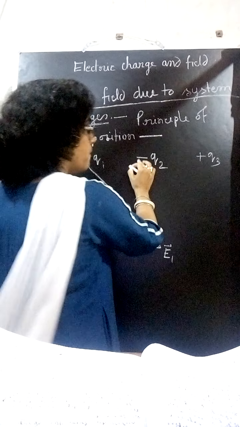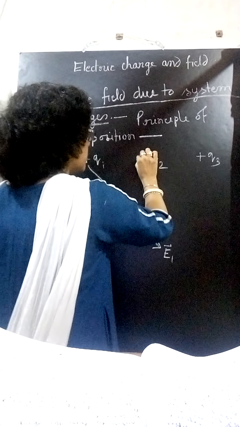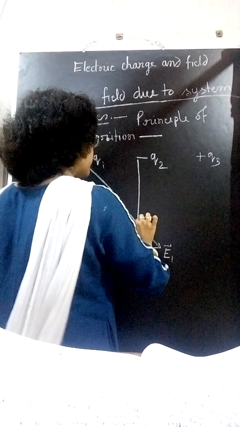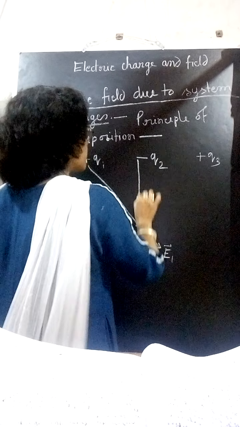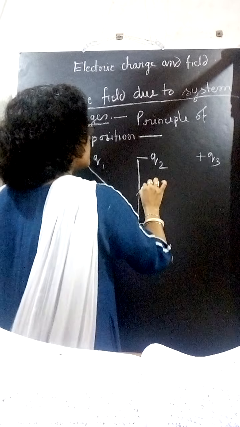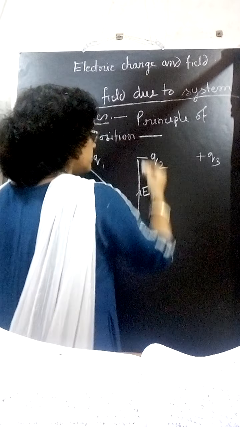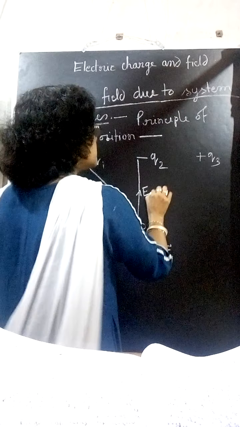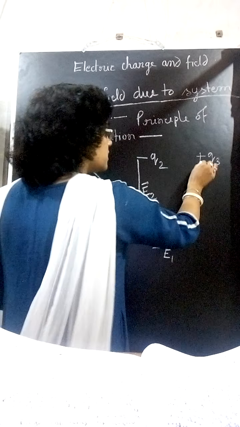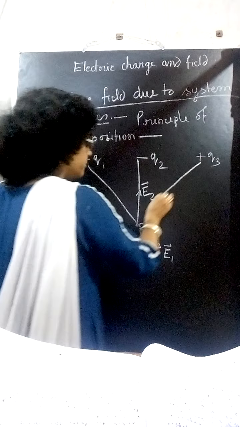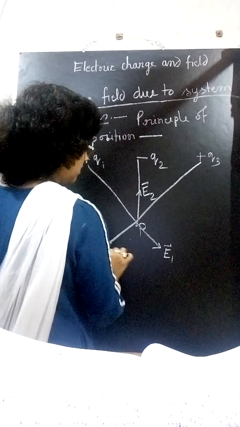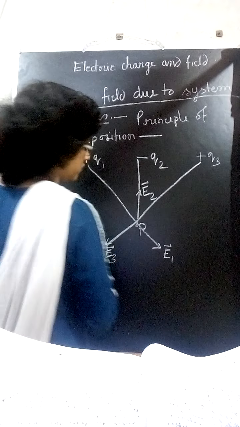Now, due to minus Q2, its direction will be towards minus Q2, it is E2, and due to Q3, its direction will again be outwards.